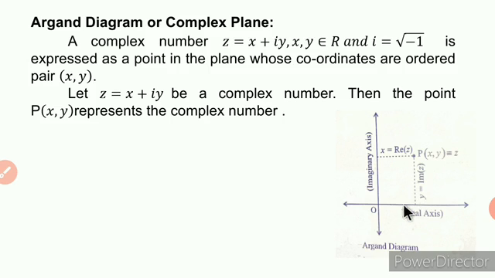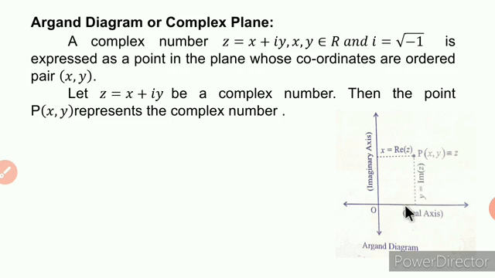Means x is related to the real part and so it is the distance of the point from the y-axis and y is the distance of the point from the x-axis.